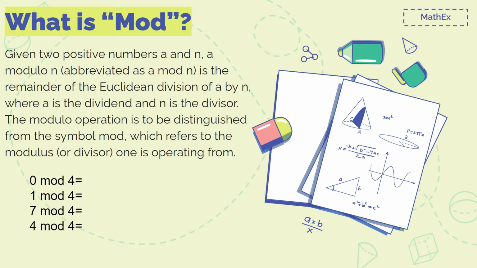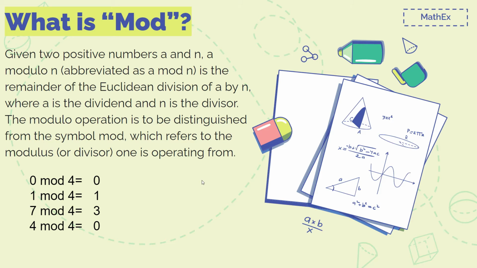Then 7 mod 4. 7 divided by 4 is going to have a remainder of 3. Then 4 mod 4. 4 divided by 4 is just going to be 1, and the remainder is going to be 0. So let's see if we're right here. 0, 1, 3, and 0, which is what we got when we did the problems. Meaning, if you got these, you're perfectly well in this.